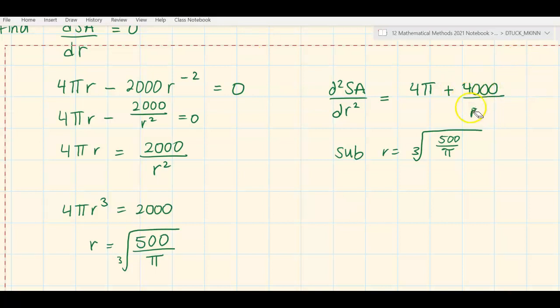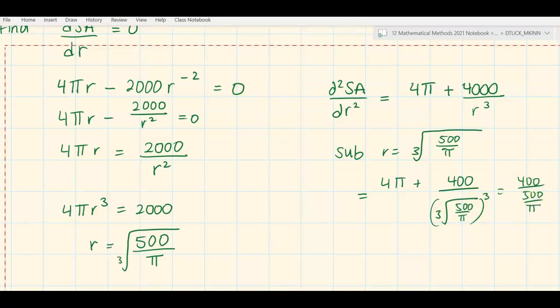R cubed on the bottom. Have a look at my R value. It's a cube root. So what's going to happen? Oh my gosh, it's going to be beautiful. 4 pi plus 4,000 over the cube root of 500 on pi, all cubed. So it's 4,000 over 500 on pi.